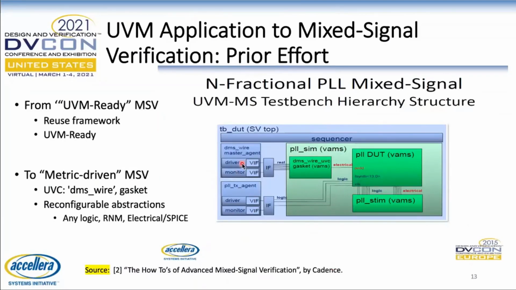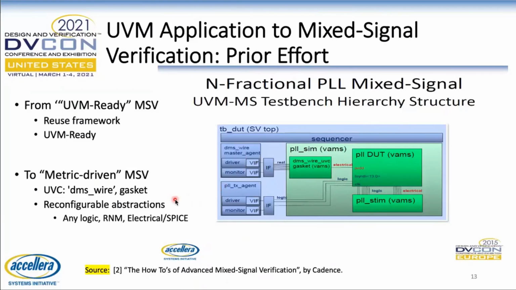It introduced a mixed signal UVM verification component called DMS wire, along with a methodology that deploys a gasket to enable reconfigurable designs with various abstractions, be it logic, real number models in Verilog-AMS, or electrical, including SPICE blocks. This approach opened even more exploration towards UVM-based mixed signal verification, where digital verification concepts like assertions, coverage, and metric-driven verification can be deployed on mixed signal designs.